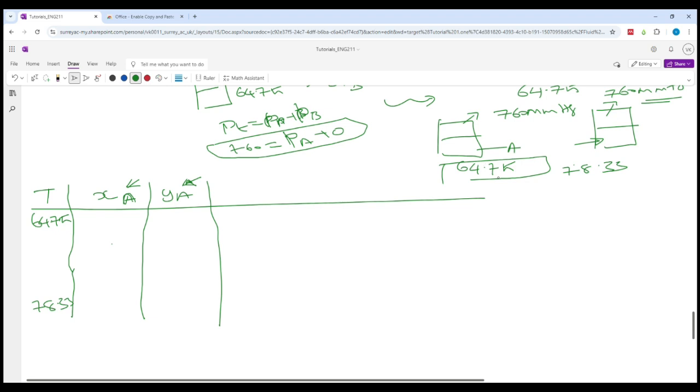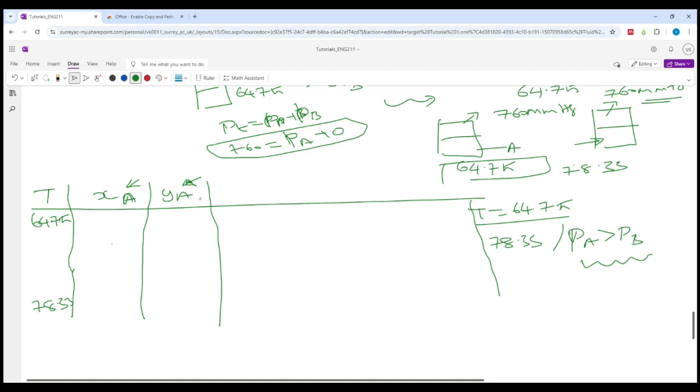You can compare at a particular temperature, say T equal to 64.75, or over the range from 64.75 to 78.33. The vapor pressure of component A is more than the vapor pressure of component B, which indicates that component A is the more volatile component. So this is something for your thought process.